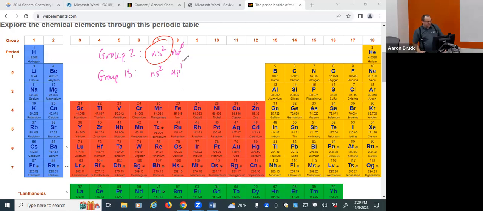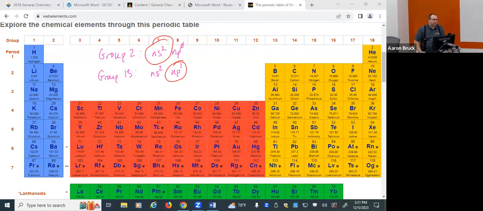By contrast, the group 13 is getting rid of that electron, the one and only electron in that p sublevel. That one and only electron in that p sublevel doesn't have a whole lot else going for it.